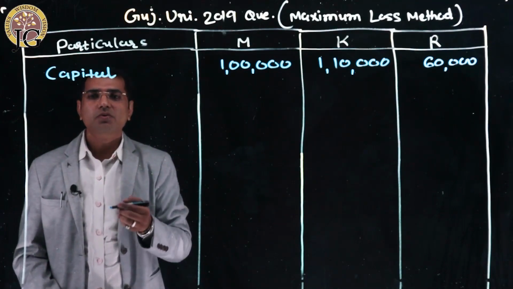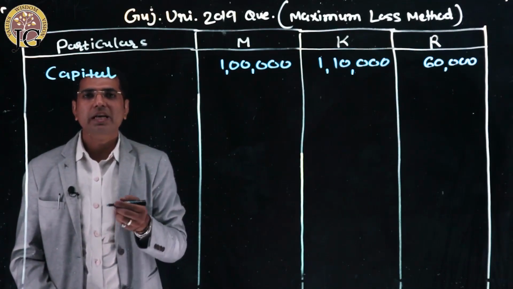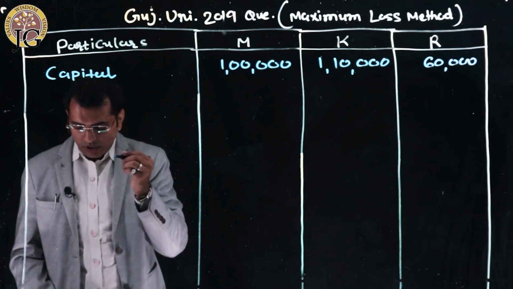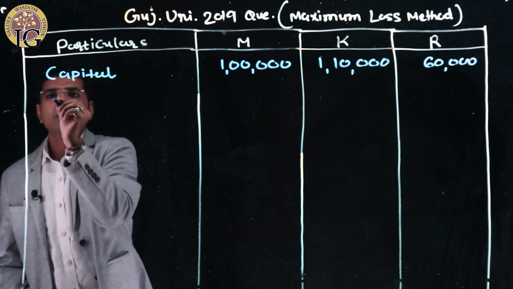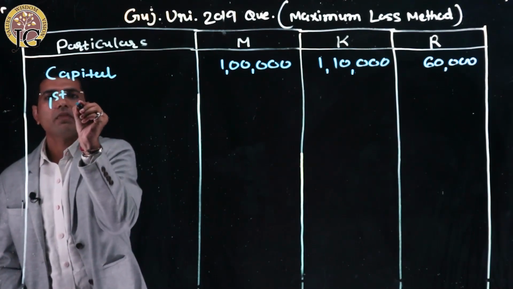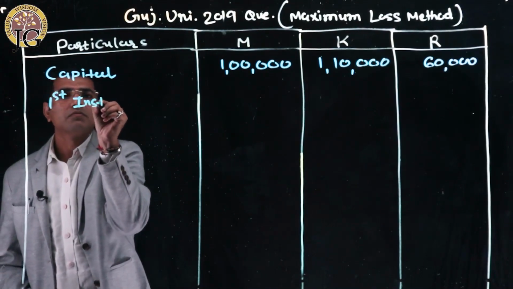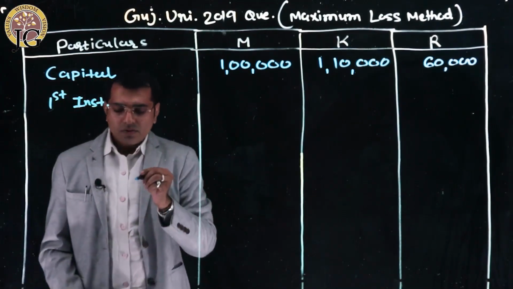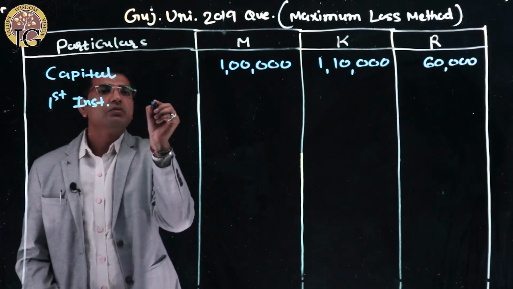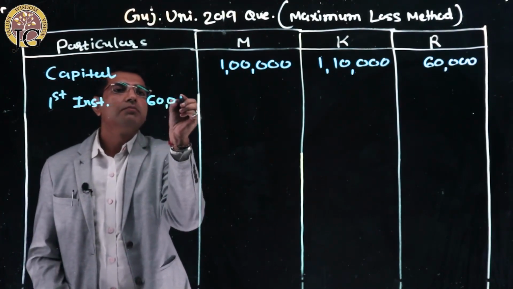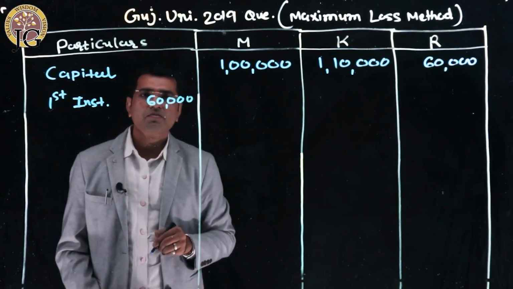In the balance sheet, there are no cash balances given. So we have to find out the first installment by realizing the assets. So in the sum, first installment is given. First installment of rupees 60,000 is received by the firm by selling their assets.